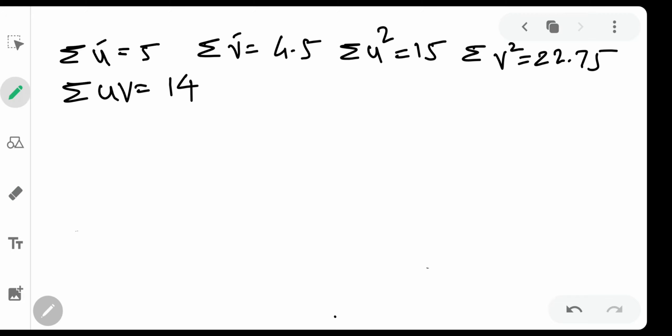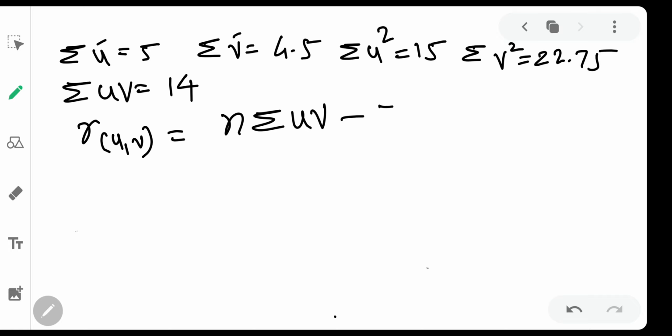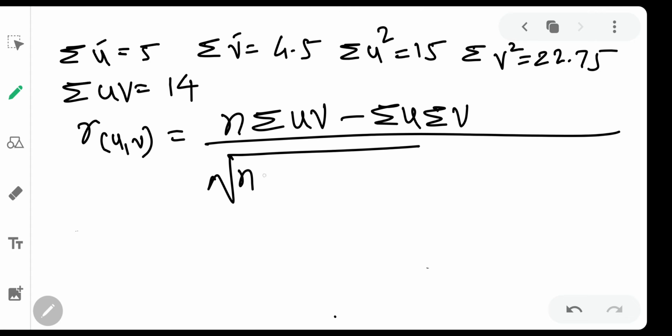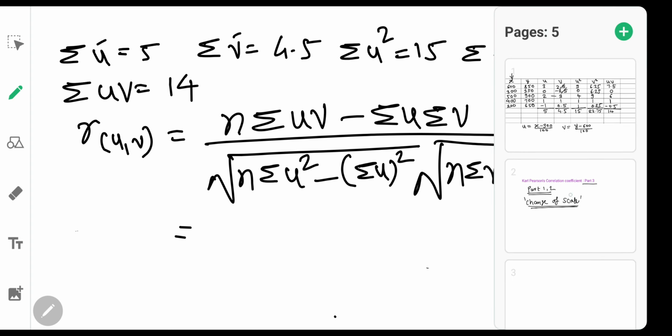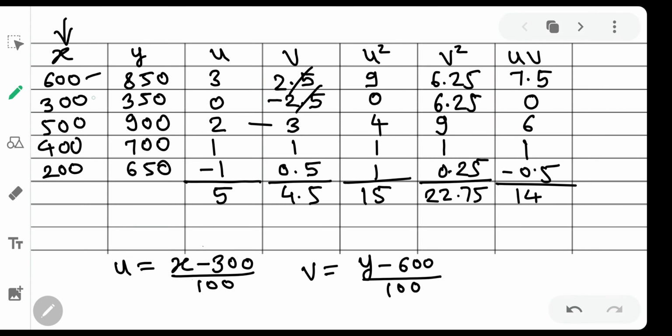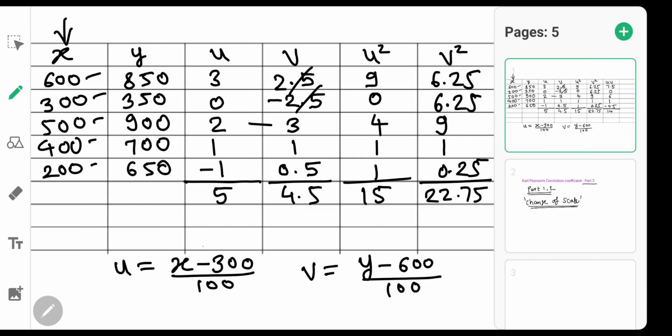Similar to the formula of r of xy, we can write the formula for r of uv, which will be n into summation uv minus summation u summation v upon under root n into summation u square minus summation u the whole square, under root n into summation v square minus summation v the whole square. We have to just put down the values. How much was n? n was 1, 2, 3, 4, 5. Total 5 values are there.